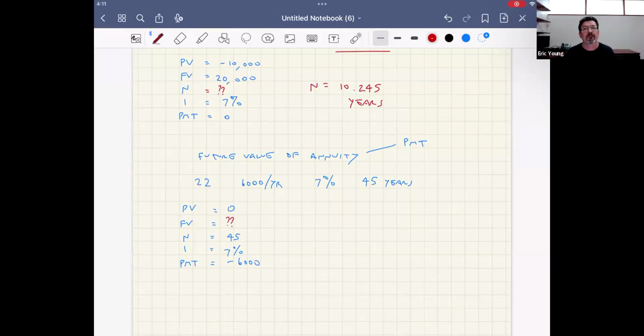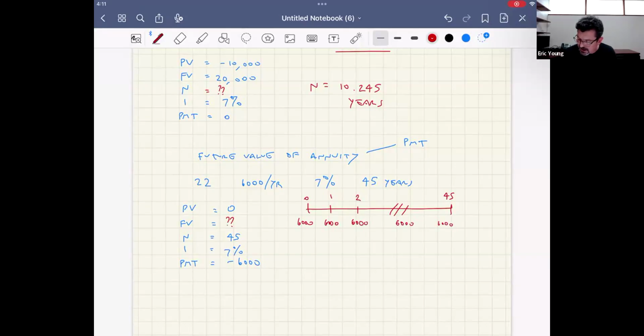If you wanted to think about this from a visual perspective, you can say something like this. Today is year 0, and then year 1, and then year 2, et cetera. You're saying that you're going to put $6,000 in this year and next year and the following year and all these years.